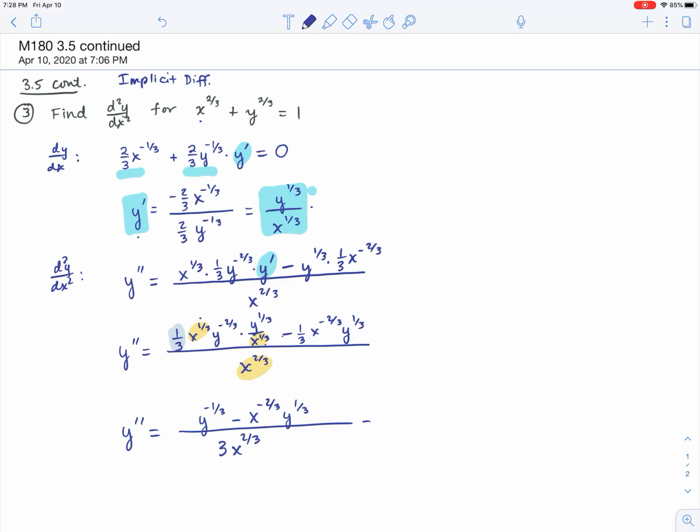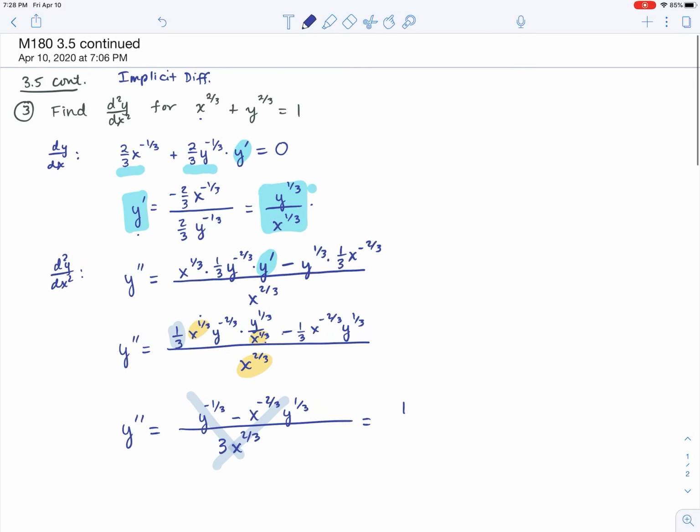And I'm going to go ahead and clean that up even further. If I take this fraction minus this fraction, that's what I'm going to do. So I'm going to have 1 over 3x to the 2/3 y to the positive 1/3. That's this first term.